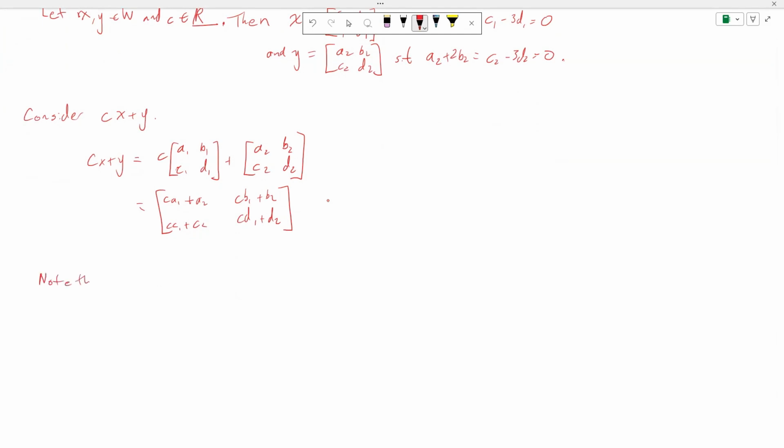Note that (ca1 plus a2) plus 2(cb1 plus b2) equals ca1 plus 2cb1 plus a2 plus 2b2, which equals c(a1 plus 2b1) plus a2 plus 2b2, which equals c times 0 plus 0, which equals 0.